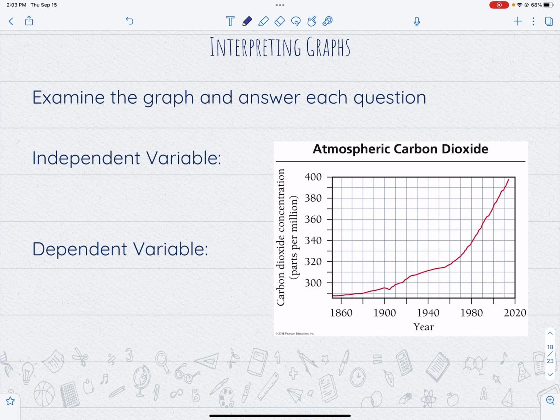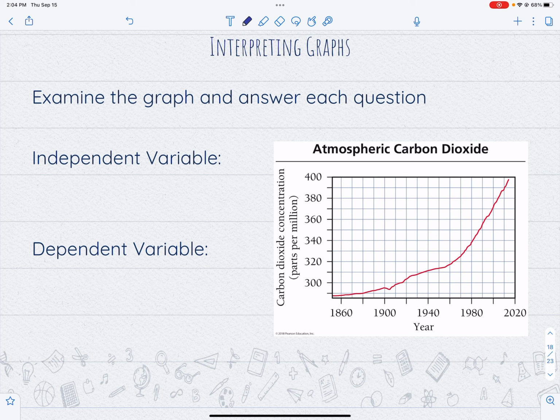We can also figure out independent and dependent variables from a graph as well as a data table. When I look at this graph, the title is Atmospheric Carbon Dioxide. The independent variable is the year, and the dependent variable is carbon dioxide concentration.